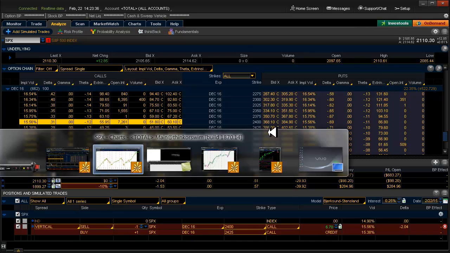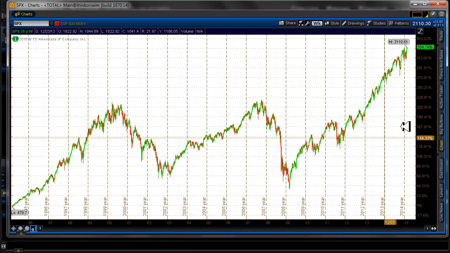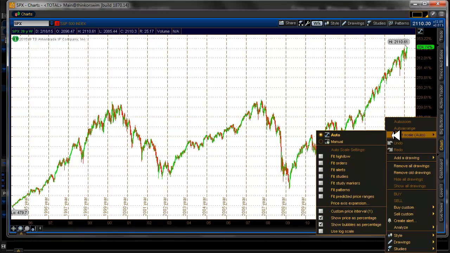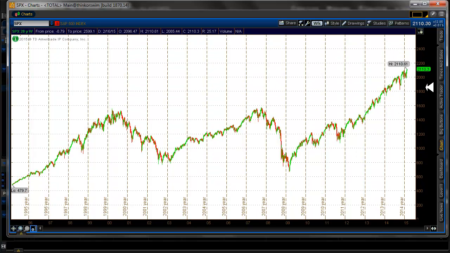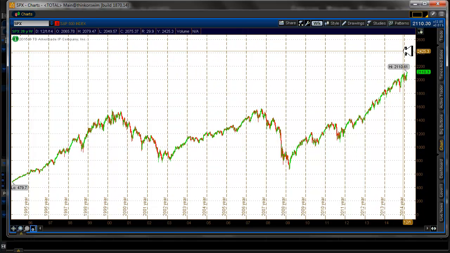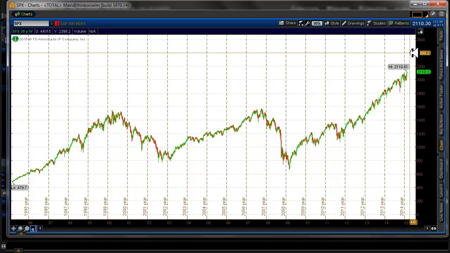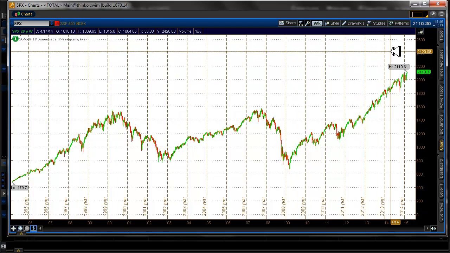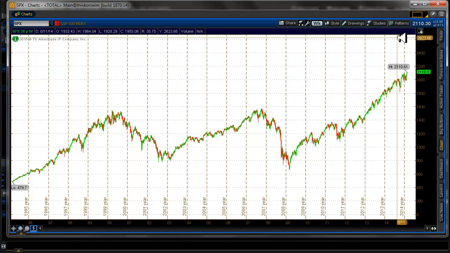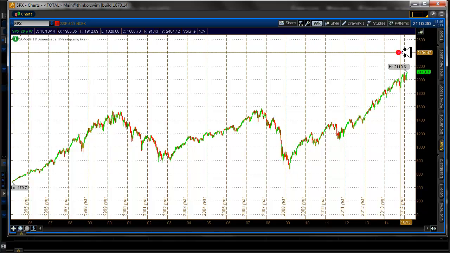Let's go back to the chart. 2400. Let's turn off the percentage thing, and let's squish this down a little bit. So 2400 is up here. Let's put a line in there. 2400 right there.